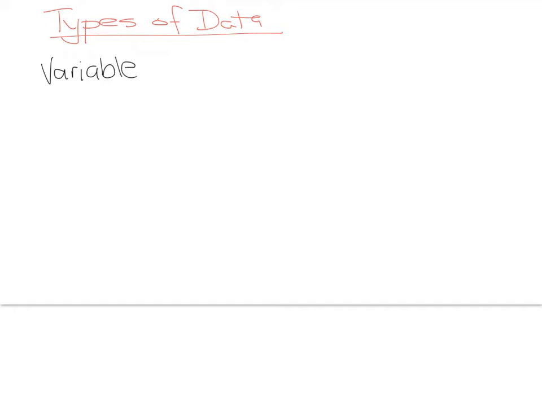Okay, next we're going to look at types of data. So we have a few different definitions here that you want to make sure you get down. To begin with, we want variable. A variable is a characteristic.